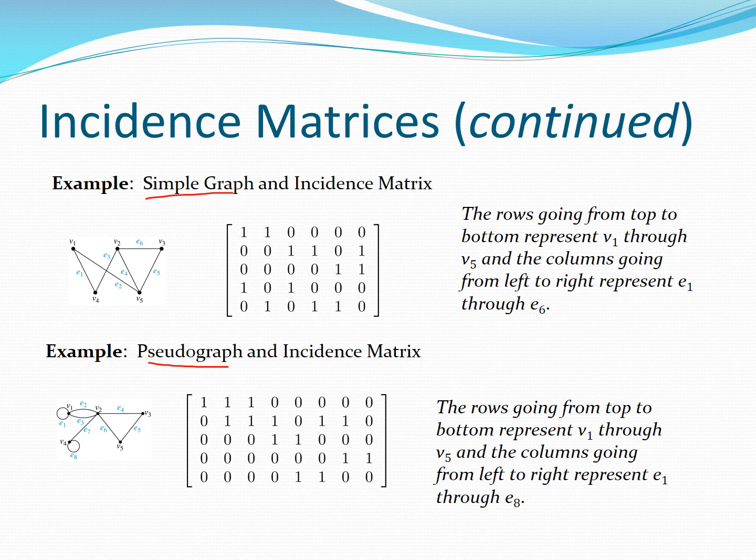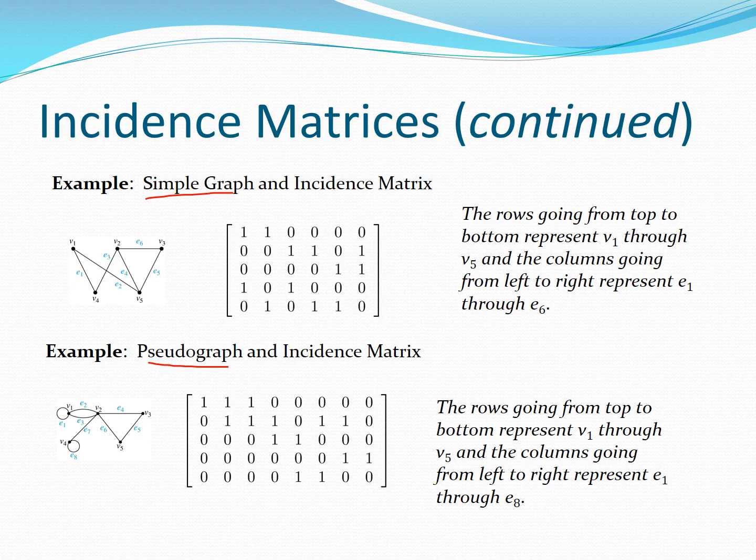In an incidence matrix, the rows are represented by your vertices and your edges are represented by your columns. Let's write the corresponding edges and vertices next to each row and column.